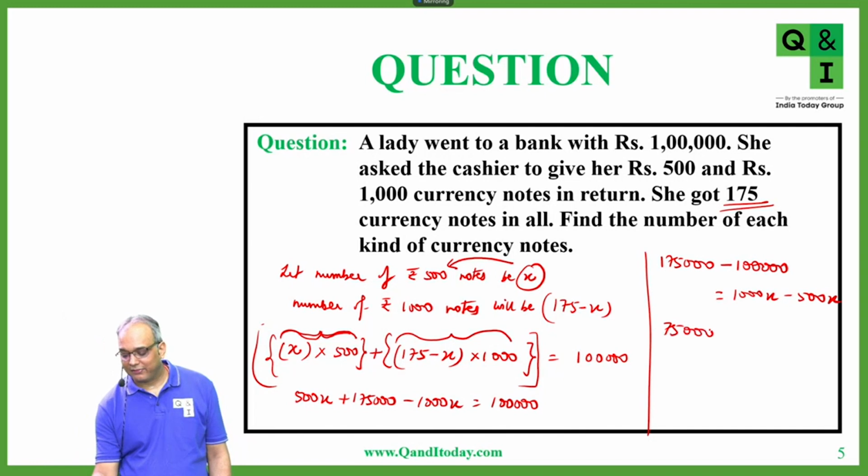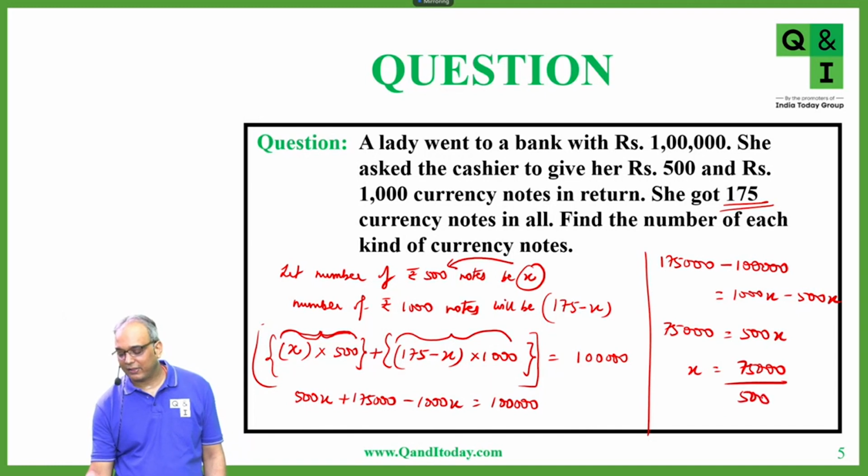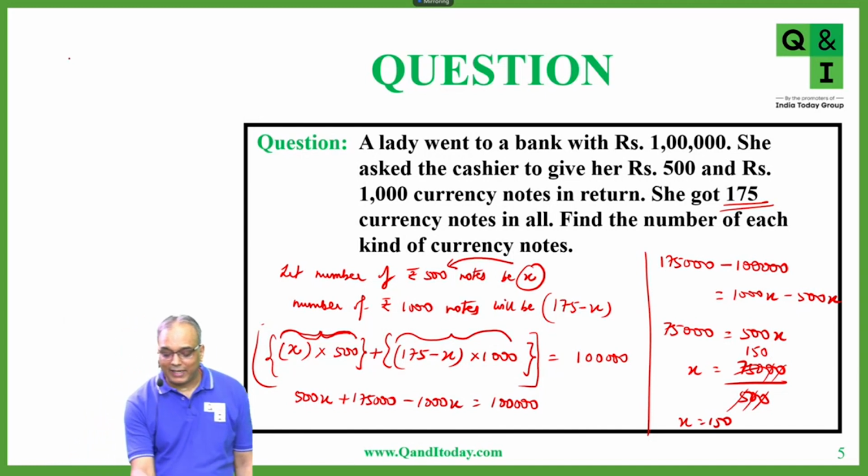So this is 75,000 is 500X. X is 75,000 over 500. So this is 150.